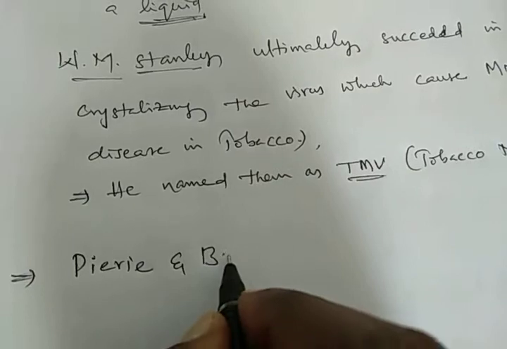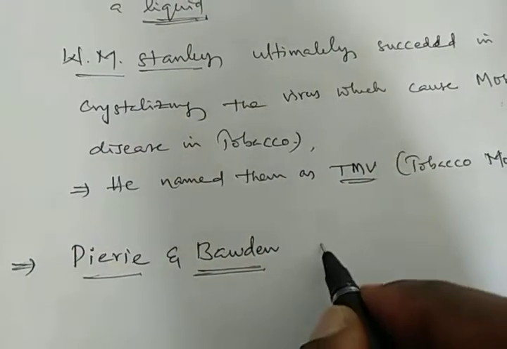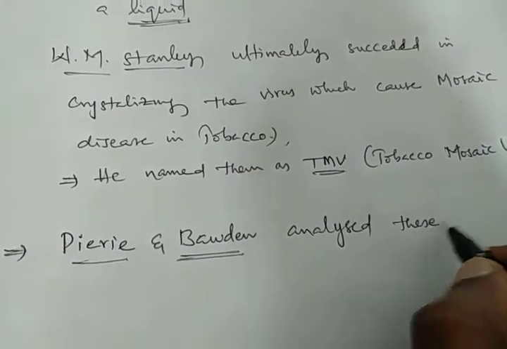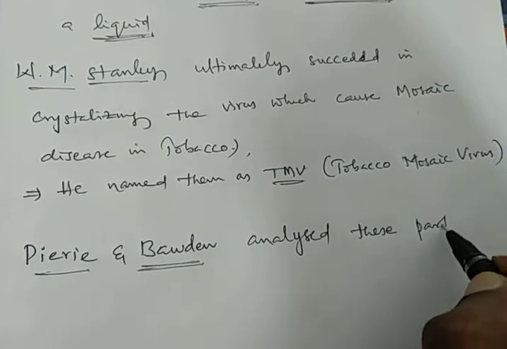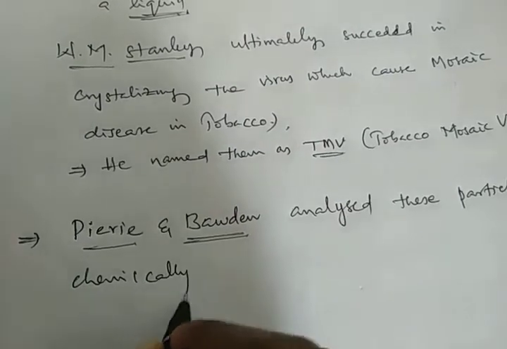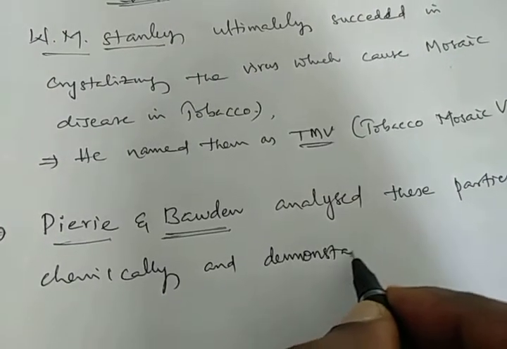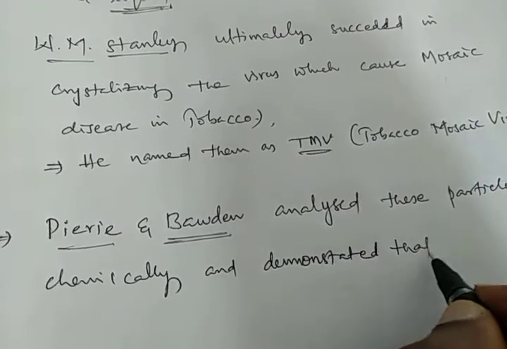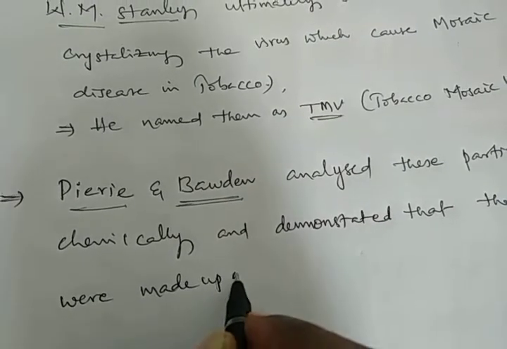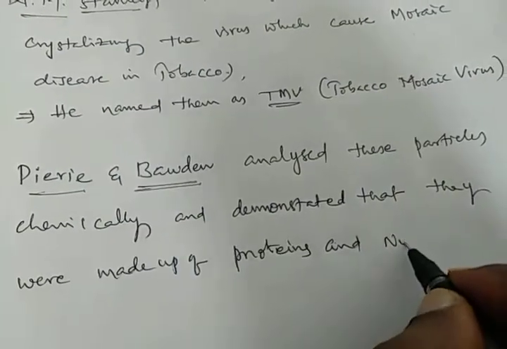Next, Pirie and Bawden. Pirie and Bawden are the two scientists who analyzed these particles, that means the TMV, chemically and demonstrated that they were made up of proteins and nucleic acids.